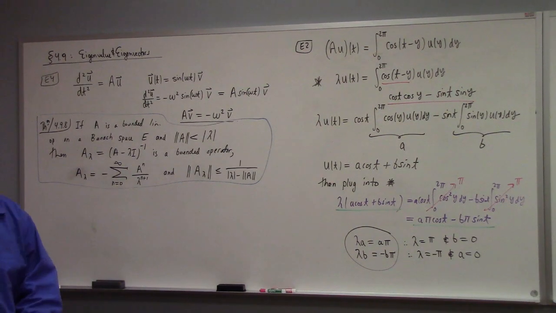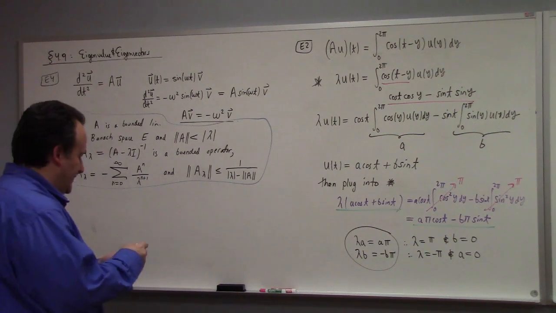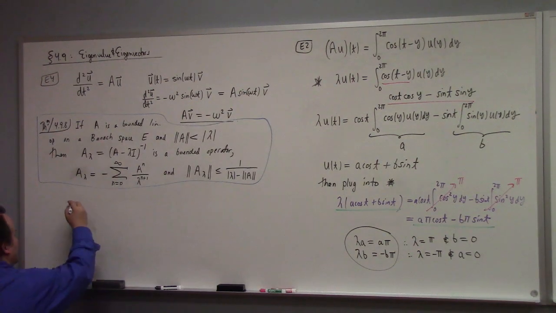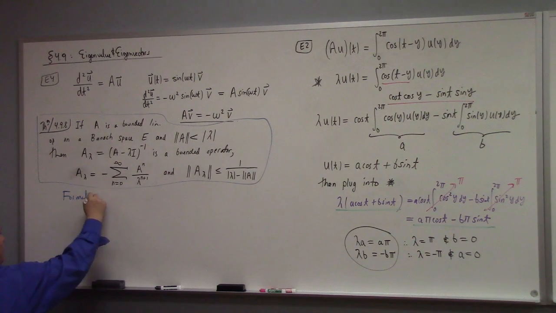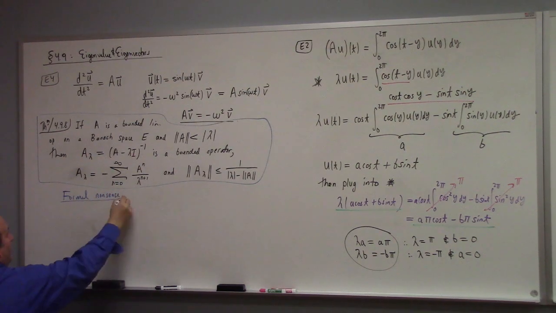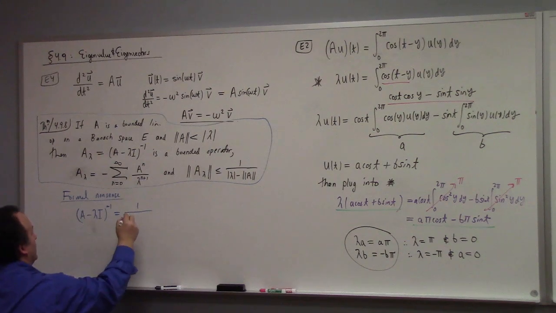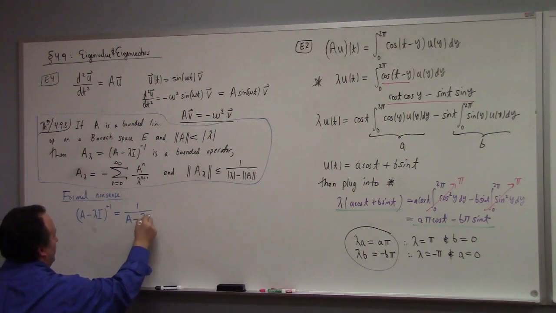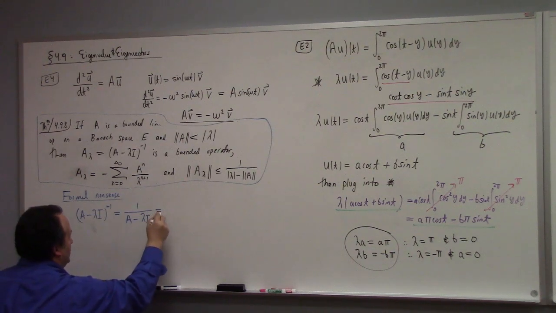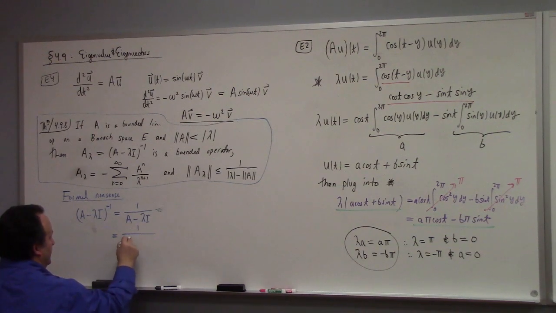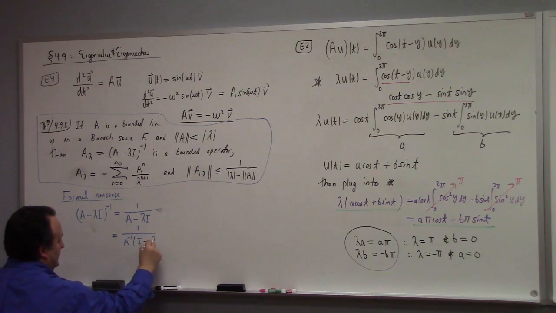All right, I like what you said. Formal nonsense proof. A minus lambda I inverse is equal to 1 over A minus lambda I, is equal to 1 over A inverse times I minus lambda A inverse, right?